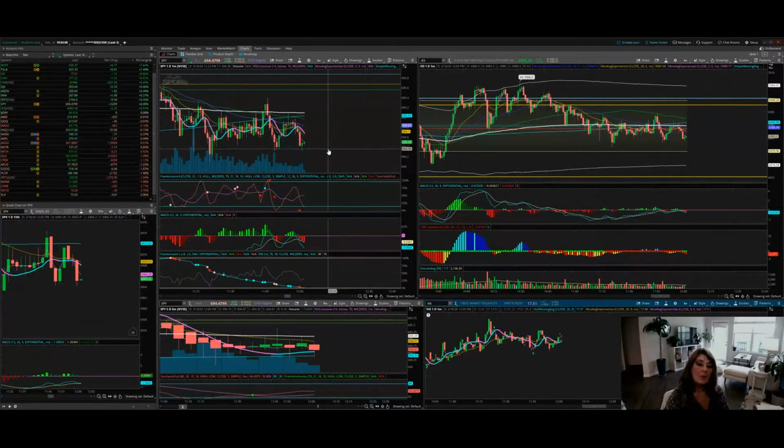Still just kind of holding right here. So I'm not in yet. It really is just the bottom of this range still. Let's see what they give us.